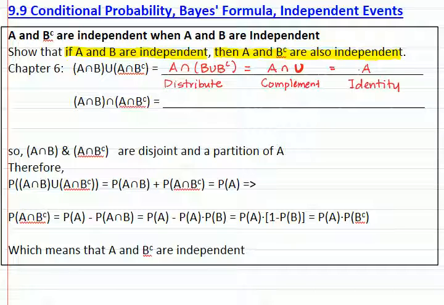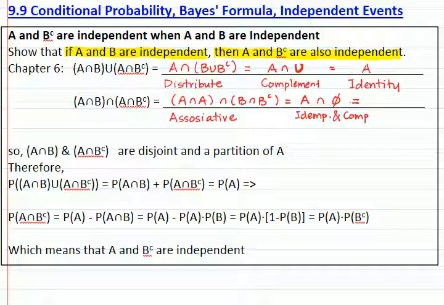For the intersection of the two sets, I'm going to use the associative law to group them in a different way: A intersection A, intersection B, intersection B complement. Then I use idempotent to say that A intersection A is A, and complement laws to say that B intersection B complement is the empty set.